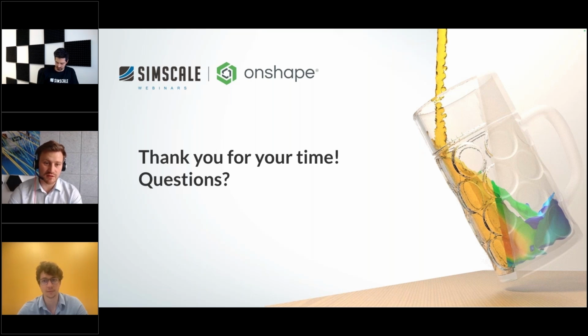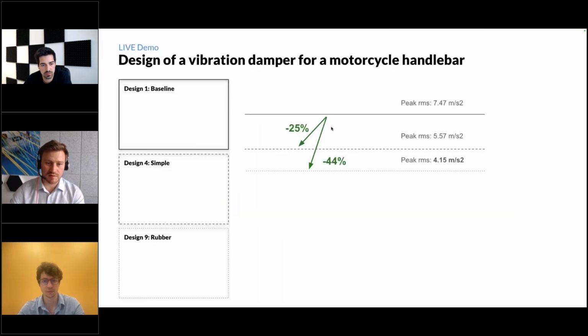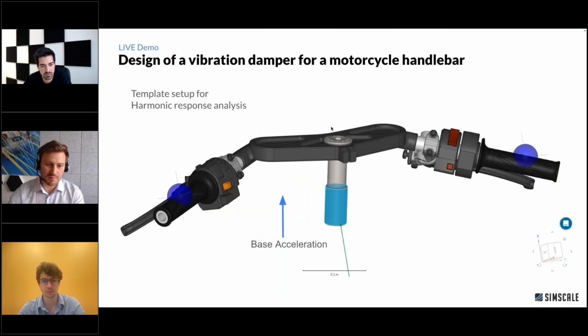That's another really good question. SimScale does use a mesh, but as an end user of SimScale, you normally don't have to worry too much about the mesh. You will have seen with Richard's simulation, the handlebar assembly, we had a lot of complexity here. This was manufacturing-ready CAD.